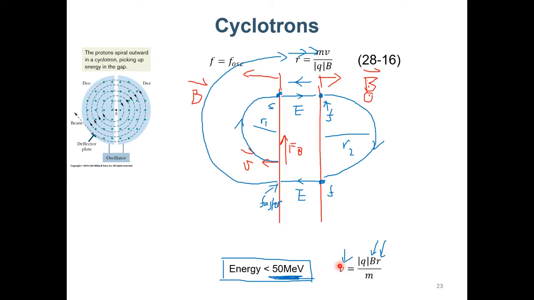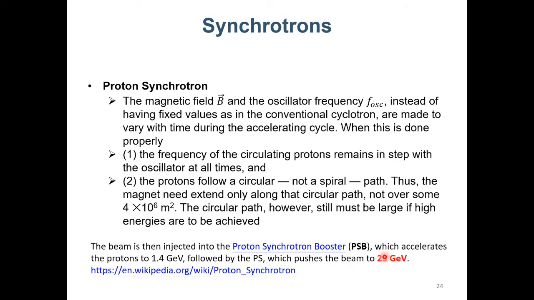Otherwise, you may hit the wall, and then the beam will die out. So we need perfect control to make the particle accelerate. But here we only need a ring, so that we can provide a larger B field in this region.